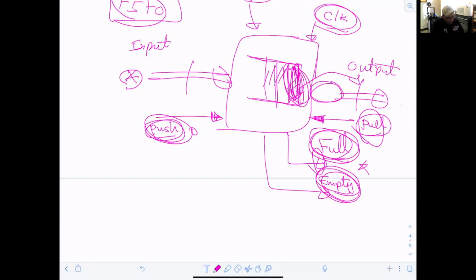So one of the possible designs I can have can be based on the memory I gave you. Do you agree? The memory I gave you was like this, N bit.